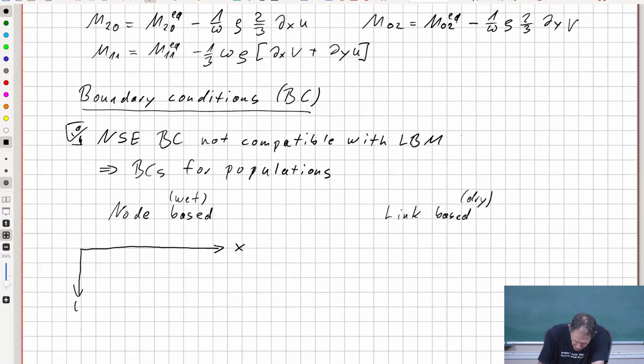This is very useful today, where we have here x and here t, and say we have these nodes. Now we assume on the so-called wet boundary conditions, let's have them in blue, that the boundary is actually on the node. So here we have a boundary.